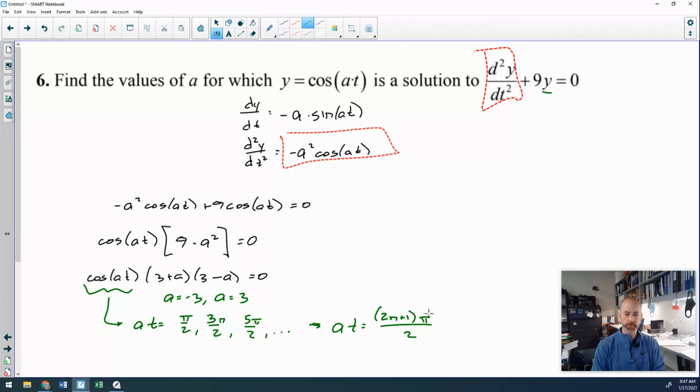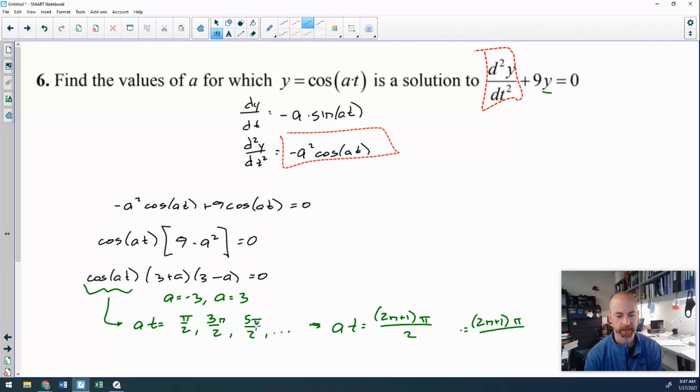And that would give you, start plugging in numbers for n. If you start plugging in 0, you will get all of your odd multiples of pi over 2, which means for that cosine function, t could also equal 2n plus 1 times pi divided by, whoops, I'm solving for the wrong thing.